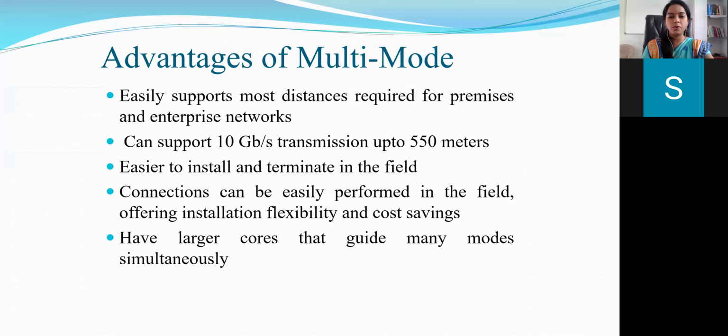Some of them are that it easily supports most distances required for premises and enterprise networks. It can support 10 GB per second transmission up to 550 meters. It is easy to install and terminate in the field, and connections can be easily performed in this type of fiber cables.